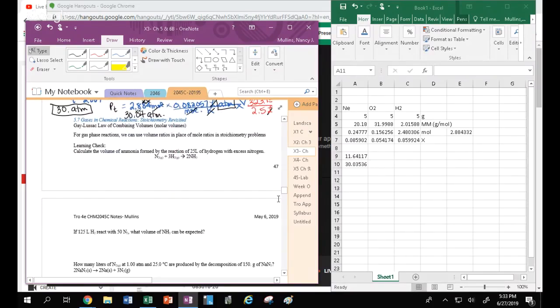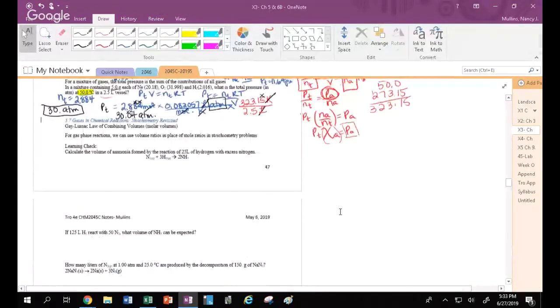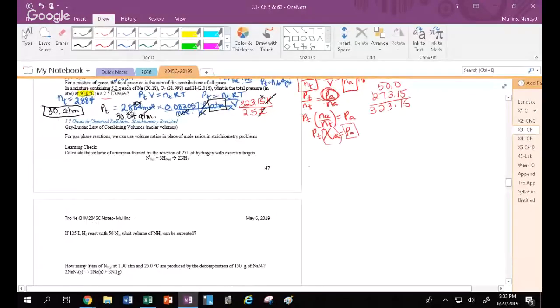Stoichiometry does come into play when you're talking about gas laws. It's just that now we're looking at the big picture. When we talked about solids, if we have mass, we can divide our mass by our molar mass, and that'll give us moles.